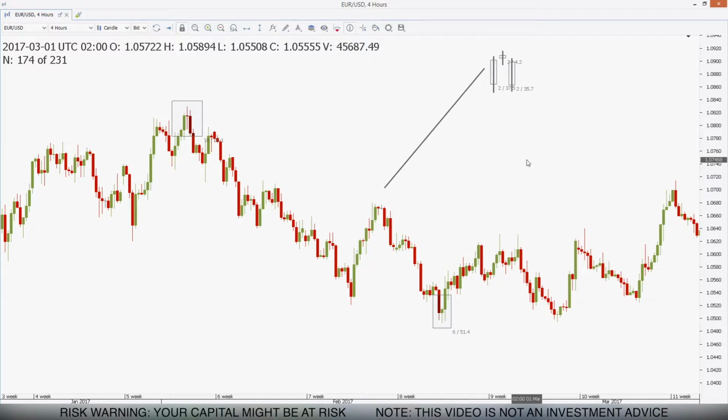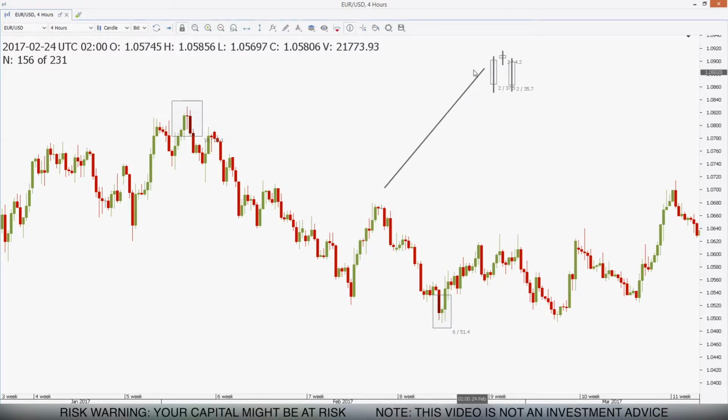The rule goes that the body of the second candle should be 50% of the first one at least, but I would say that it is working best when it is at least 100% when compared with the first candle.